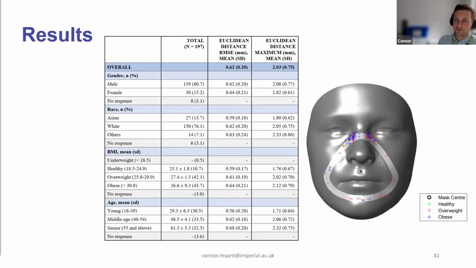But essentially, what we've been able to find is that this initial small study, 205 is only a small study, but we found that there is no variation between different demographic groups. So all demographic groups are catered for equally, which was a fantastic finding for us to realise.